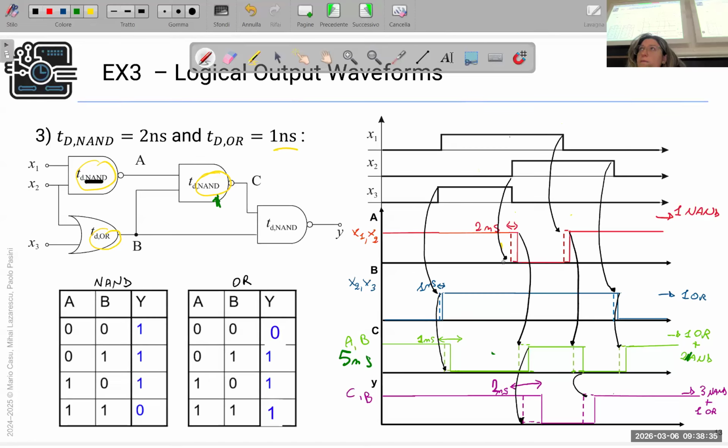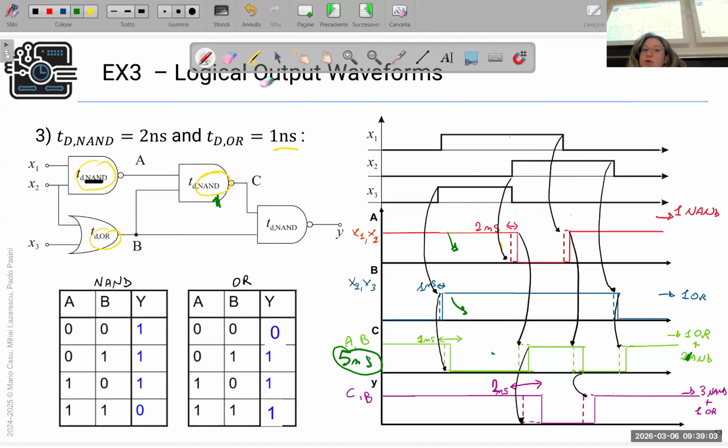Delay, second logic gate. And that's what we are doing. But is it 5 and 4? 5 is the maximum, if this causes a change and this causes a change. In this case, we do not have a case where both inputs cause a change here.